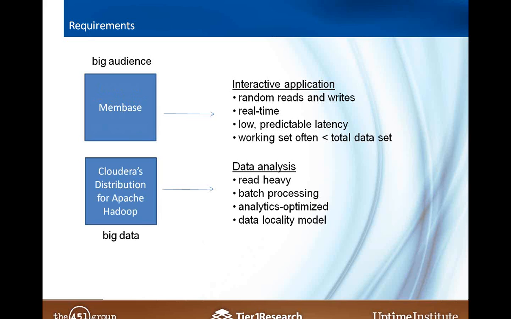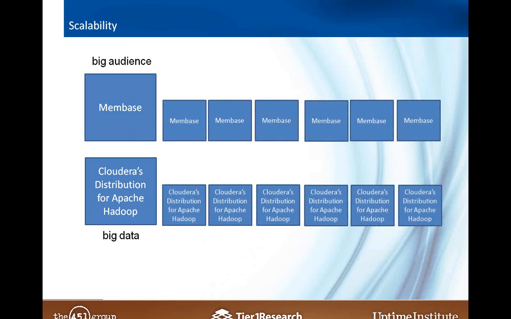So in terms of, to clarify in the context of today's presentation, but I'm sure you already guessed, we're talking here about Membase on the operational side, and Cloudera's distribution for Apache Hadoop on the analytics side. What they have in common, at least one significant thing, is they're both architected to scale.